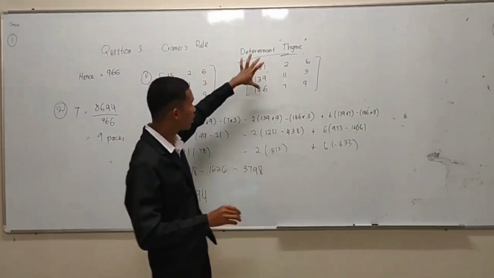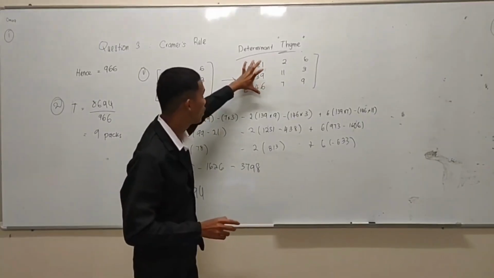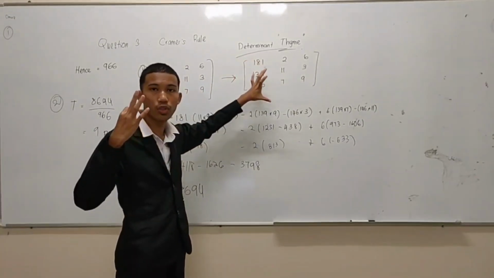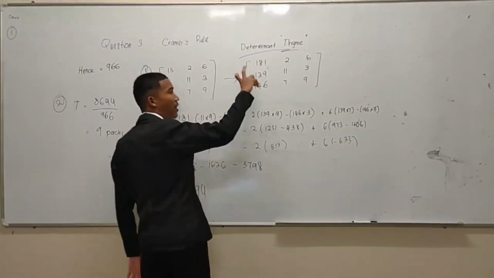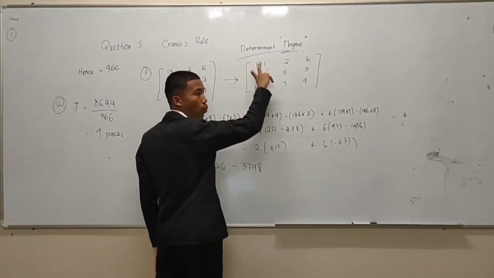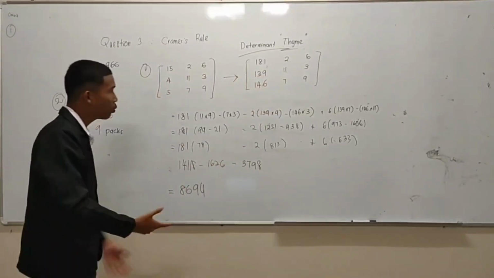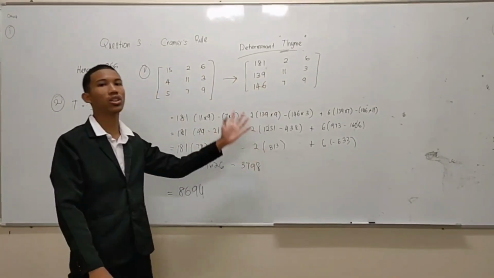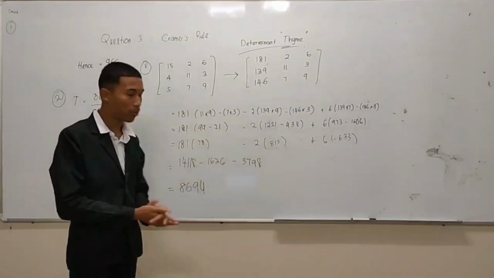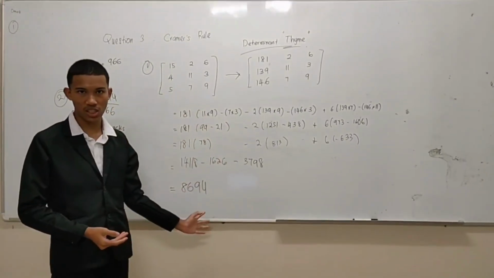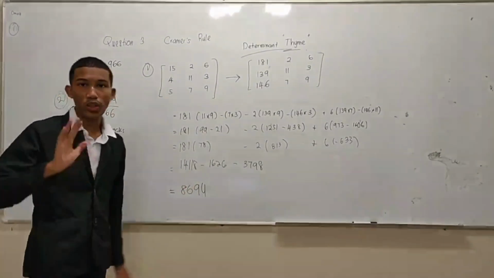Okay, and then we take the totals. We place the total for the three materials in the first column, and the rest stay the same. Then we just follow the formula, Cramer's rule, and we get the answer 8,694.